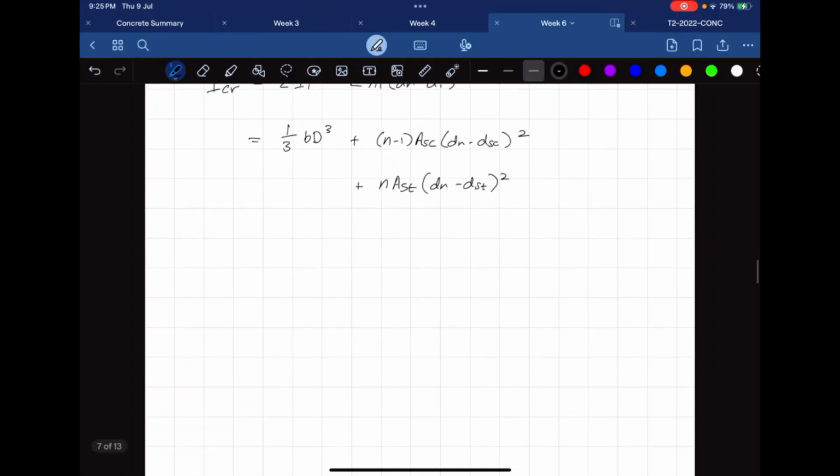And that's, instead of considering that shift for the concrete, you don't really have to care about it now. The other way you can do it is just do it normally. You just take bd cubed on 12 and you also include the shift due to the concrete, but I'm not going to do that.